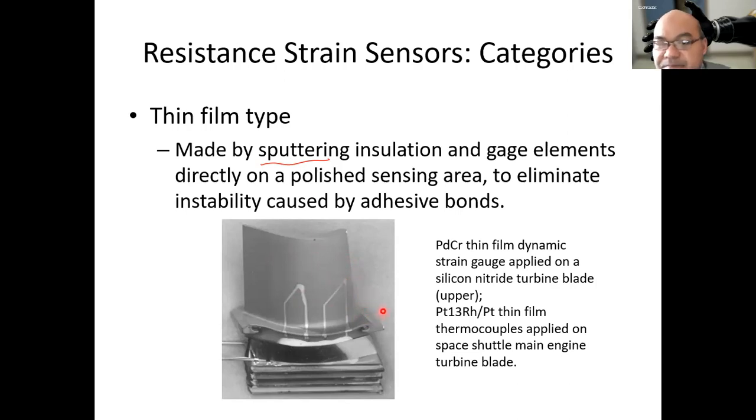Another example is platinum rhodium, a platinum tin film thermocouple applied on the space shuttle main engine turbine blade. A thermocouple can also be considered a resistance-based sensor, a resistance thermal sensor.